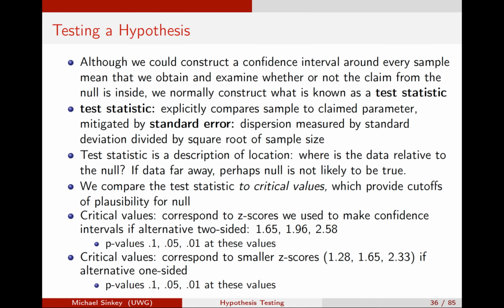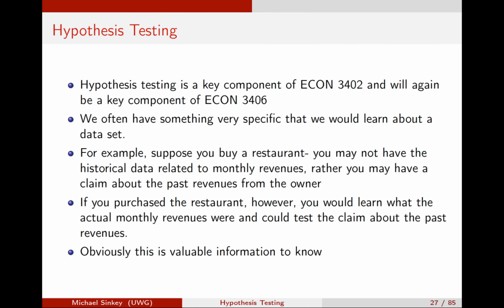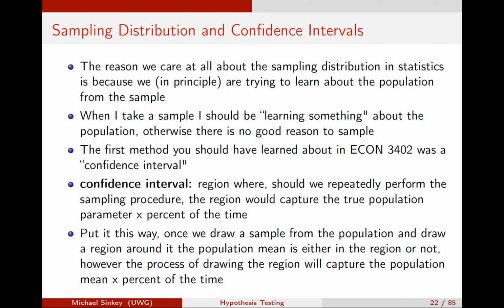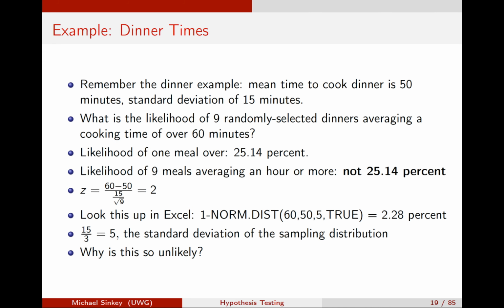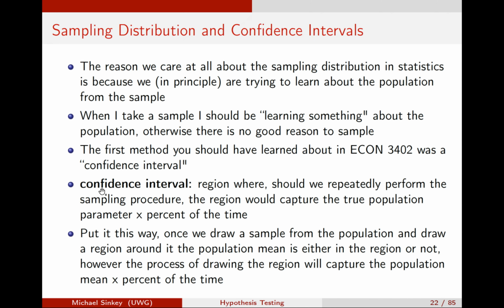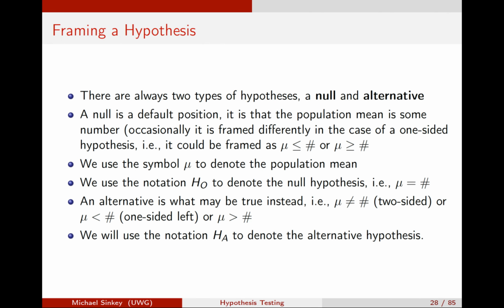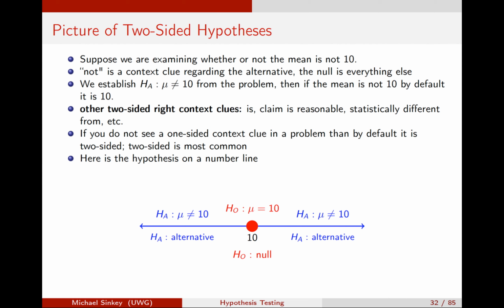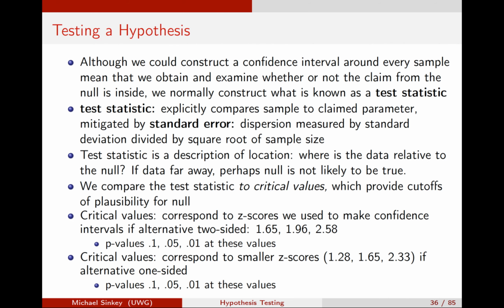So what I do is construct something that is identical to this z-score here for the sampling distribution. The difference is that I interpret this now in the context of testing a hypothesis with a test statistic. I compare the test statistic to what are called critical values.